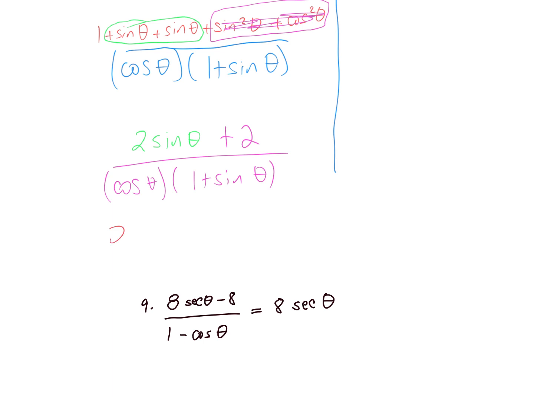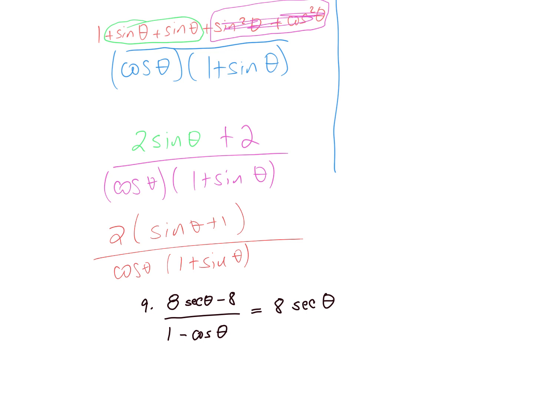So can I factor it out? 2, and then I have sine theta plus 1 over cosine theta times 1 plus sine theta. Think algebraically. If that said 2x plus 2, you would tell me, oh, you just took a 2 out. Same thing. Can I cross out what? Yep.